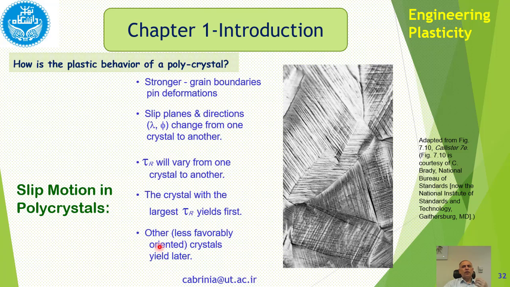These two values determine the direction of a slip, and obviously as we increase the load, the slip happens in one crystal, and further increase in the load happens in another one, and as we increase the load further and further, many of these crystals yield and the material yields as well.